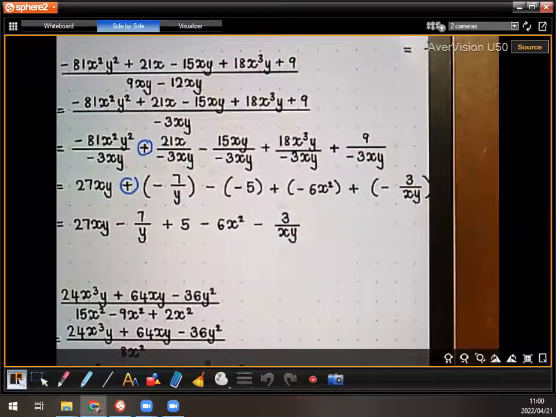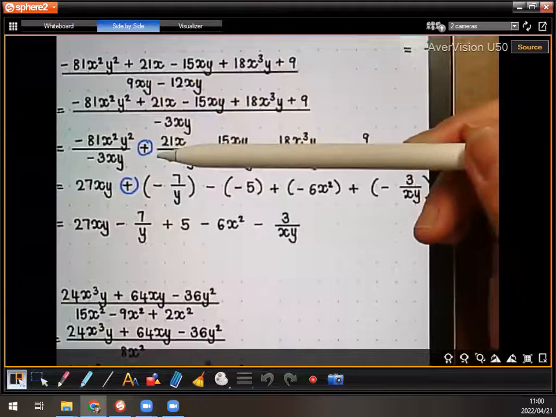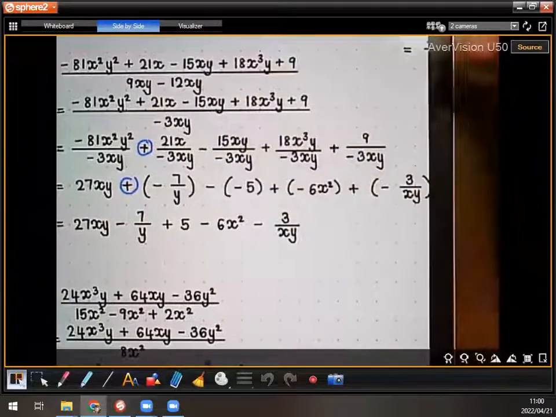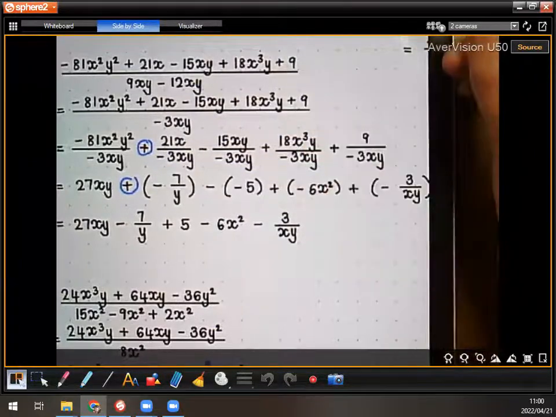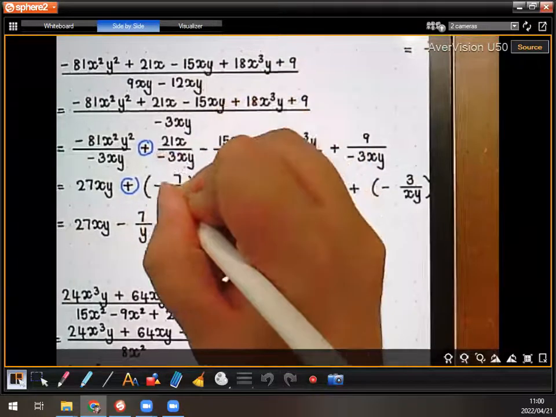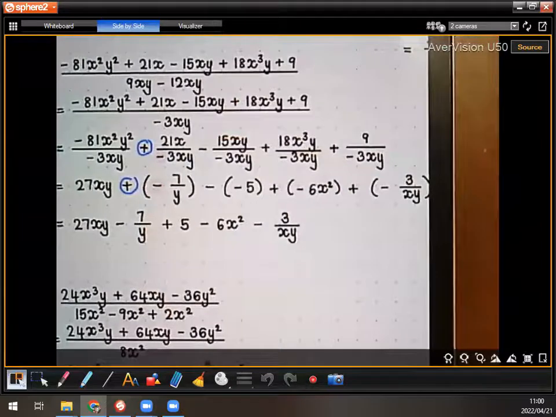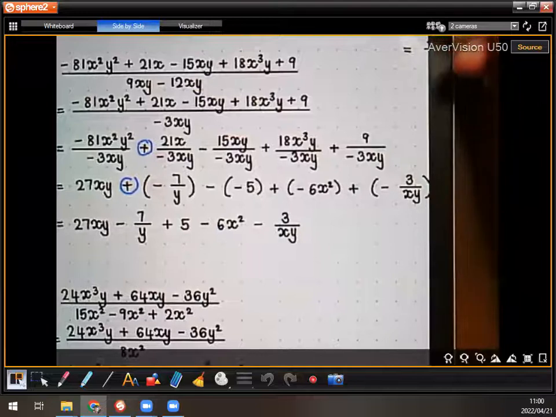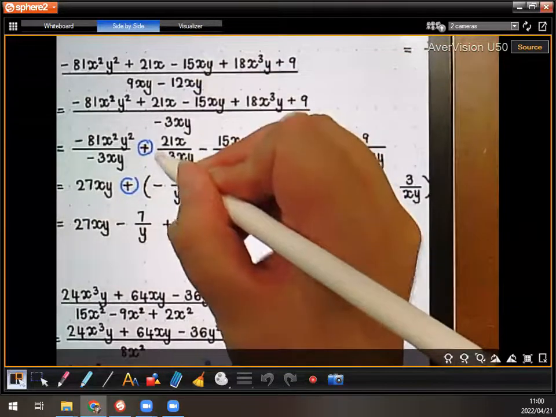There must be a bracket separating them. A positive divided by a negative is a negative. So if you want to highlight that, the minus, because the answer is negative, that minus is going inside your bracket in front of that answer. Okay, sorry, that's not very clear. Let me show you that minus there.